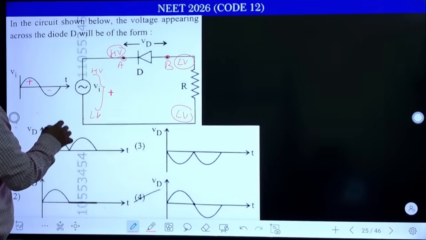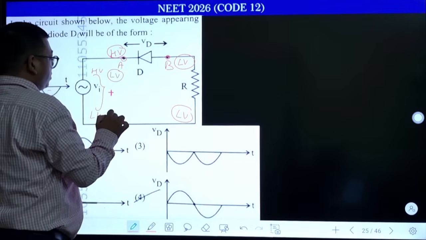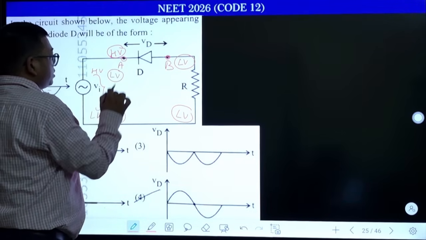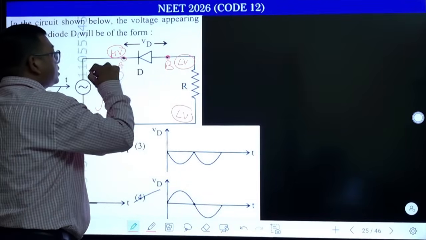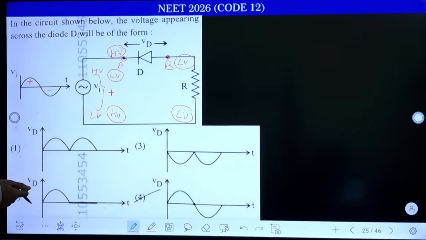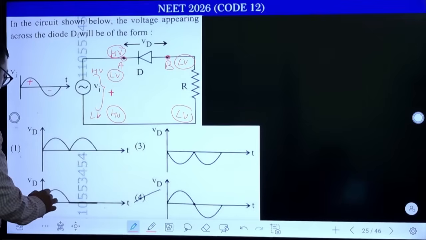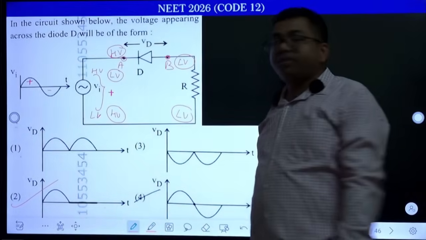Then what happens in the next half cycle? This becomes low voltage, this becomes high voltage, and if this becomes low and high, then what happens? Short circuit will happen. Short circuit means the potential difference will be zero. So in this case, yes, option 2 will be happening here, because it's a half wave rectification, right?